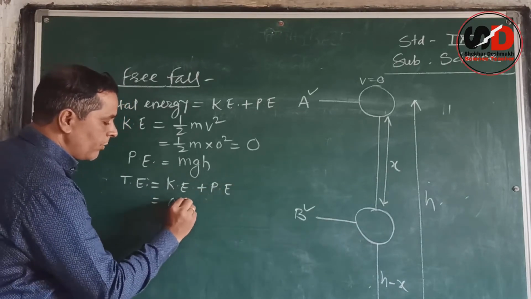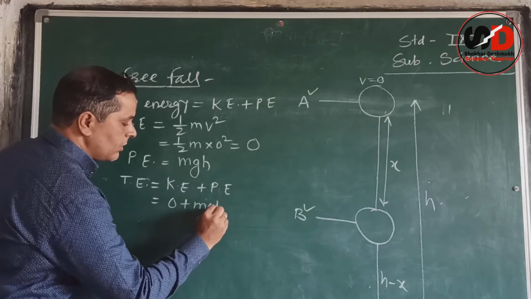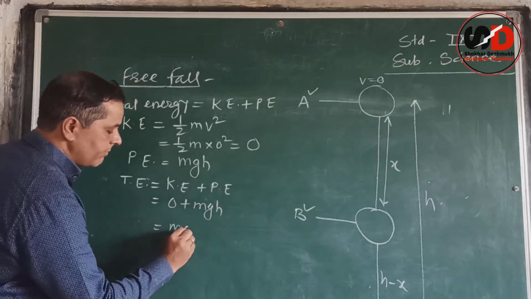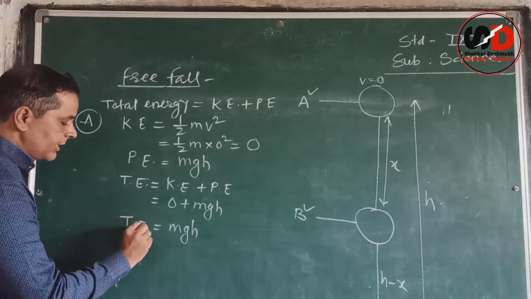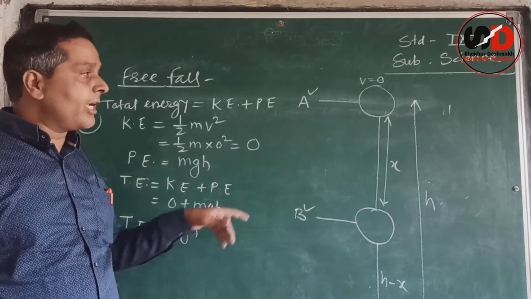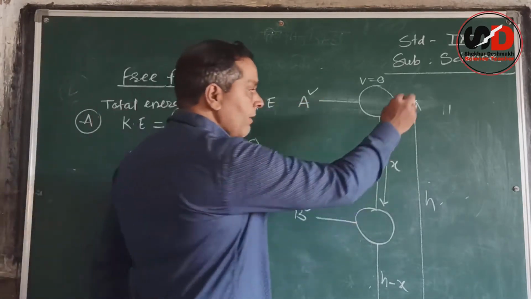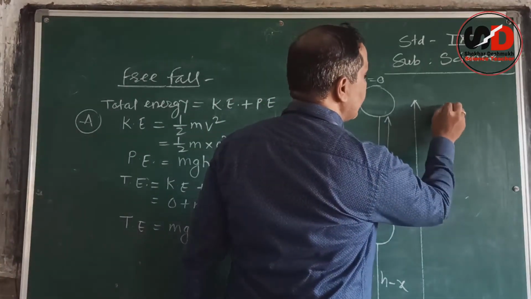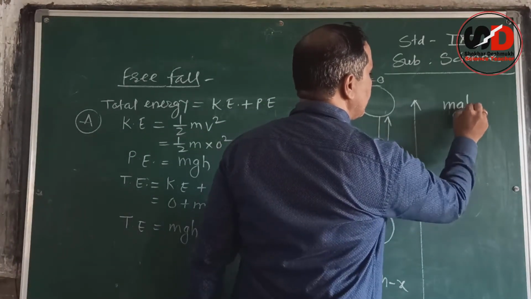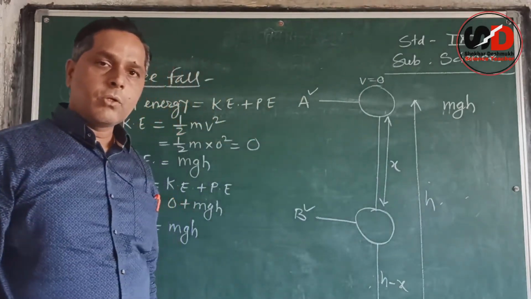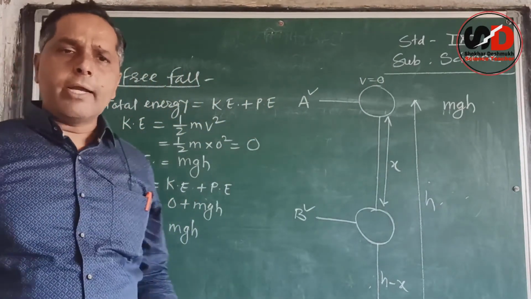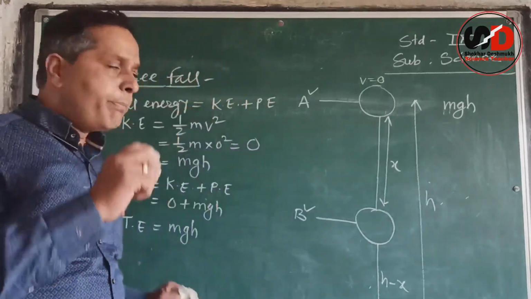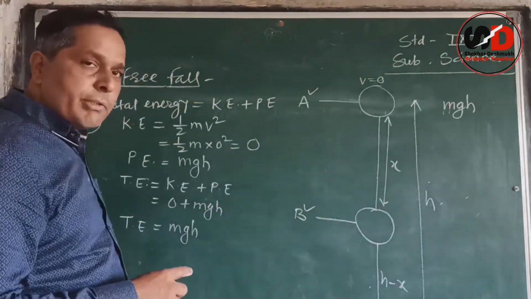So it is 0 plus mgh, so it is equal to mgh. So the total energy is equal to mgh at point A. So I will write it here. Total energy is mgh. Okay. So this is at point A. So let us calculate the total energy at point B. मी मिटवून टाकतो.